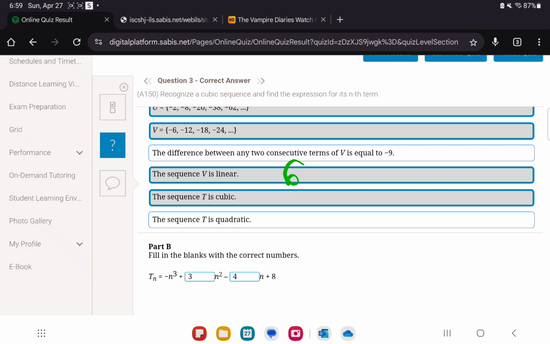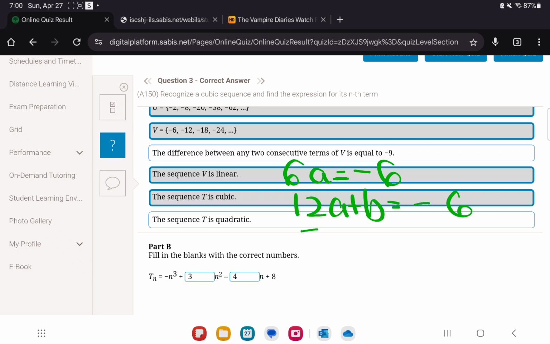First one is 6a equals the last common difference, so minus 6. And then the second one is 12a plus b. This is to find b, and it's equal to the first term of the second difference, and that's also minus 6.